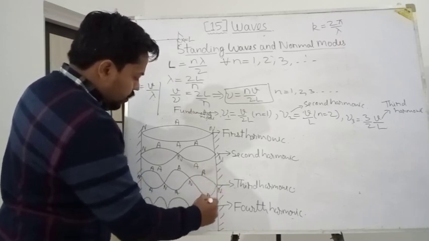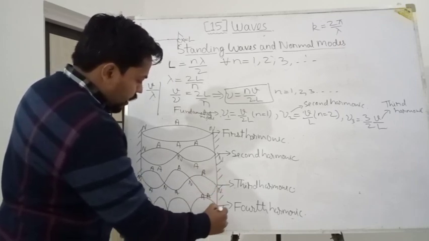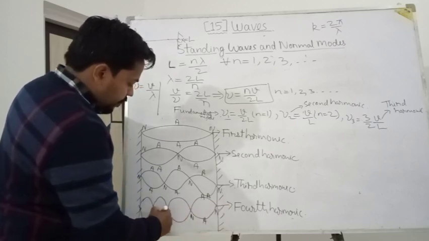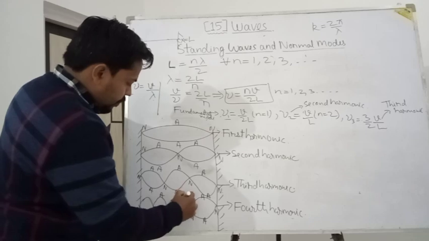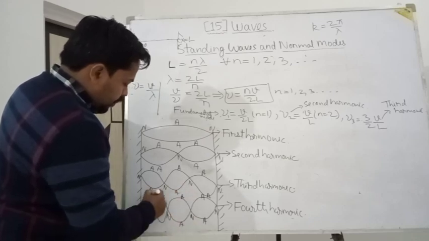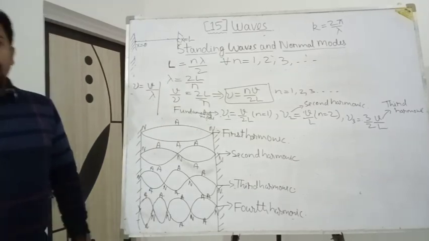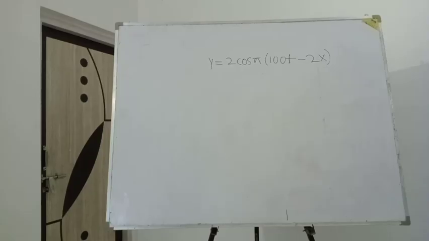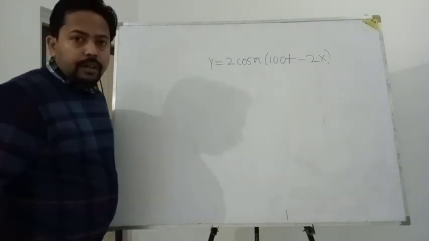Similarly, for the fourth harmonic you can draw the positions of nodes and antinodes. So let's see one question.